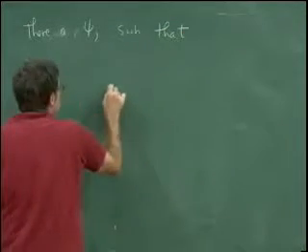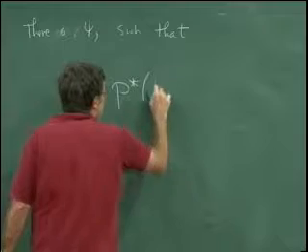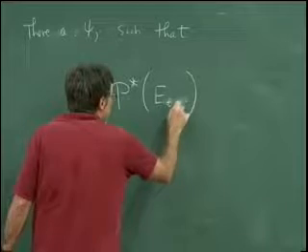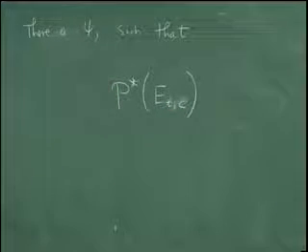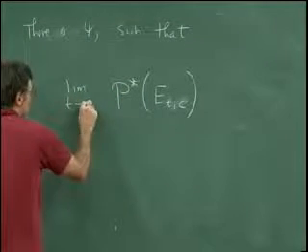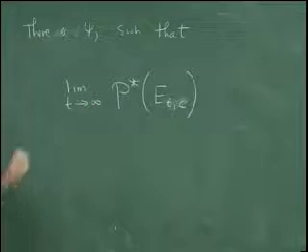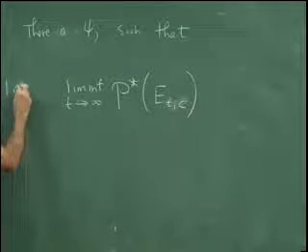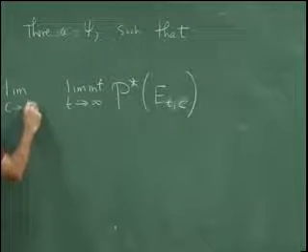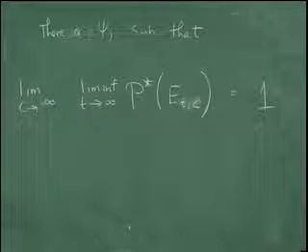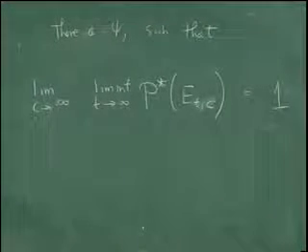If I consider the probability of this event in the weighted measure, let's just play it safe and take a lim inf of that. And now let's take the limit as c goes to infinity. This is equal to 1. You can be more specific than this, but this is the kind of flavor that you get.